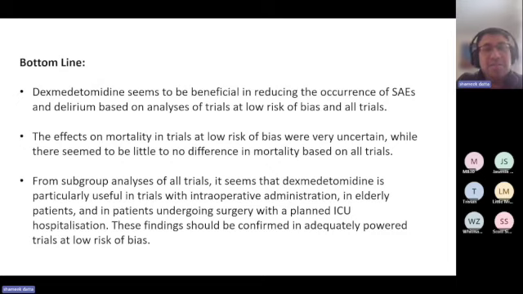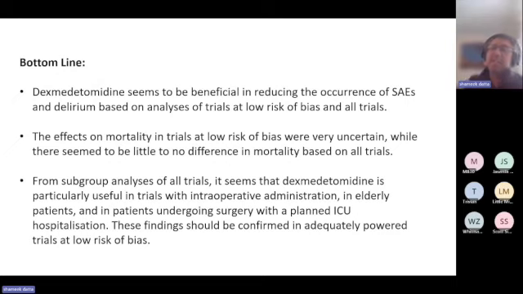So they have produced good numbers, but the quality of evidence is low. And from subgroup analysis of all trials, it seems that dexmedetomidine is particularly useful when it's used intraoperatively in elderly patients and in patients undergoing surgery with a planned intensive care admission. However, this needs to be confirmed with adequately powered trials at low risk of bias.